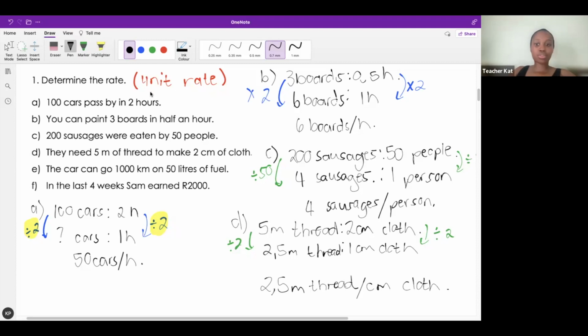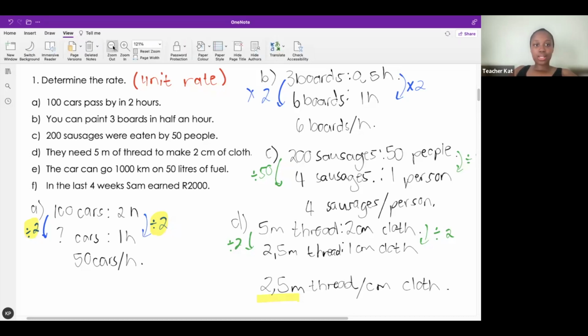Those who are here for the ratio lesson. In ratios, we are allowed to have decimals. So remember in ratios, we said we want to change those ratios into whole numbers. But in rates, if you get a rate such as this, where you have 2,5 meters of thread, just leave it as is.